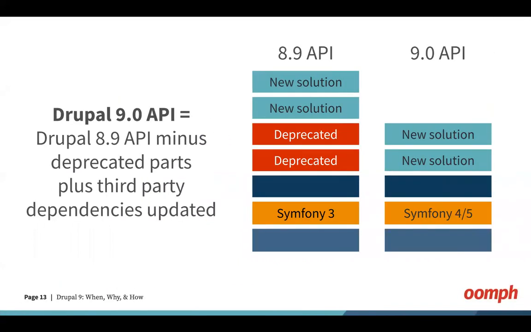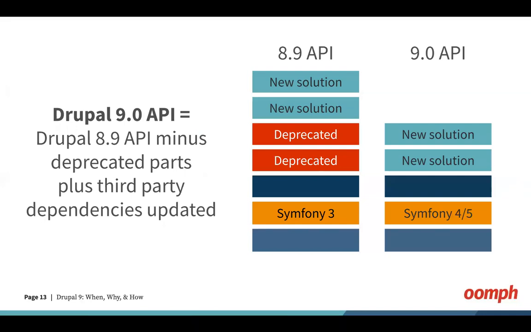The other aspect of it is the removal of deprecated code. So as I said, Drupal 8 was a rewrite of Drupal 7. With that rewrite, some legacy code kind of got brought forward to be able to make the transition a little bit easier.